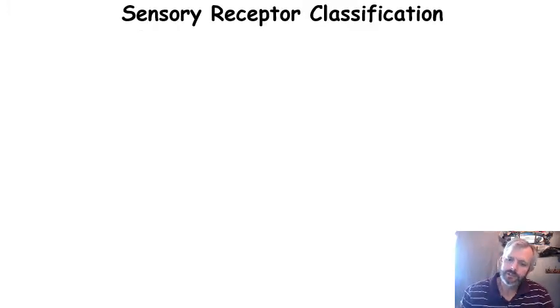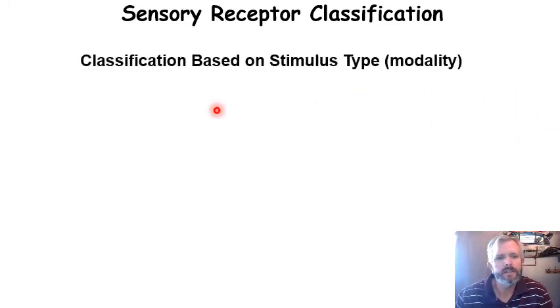So since our sensory pathways start with sensory receptors, let's classify and look at their functionality, and we can classify them by their modality. What stimulates the receptors? What's going to cause them to be activated to ultimately, if excited enough, cause that action potential? The first, chemoreceptors, you can imagine what stimulates them are certain chemicals.